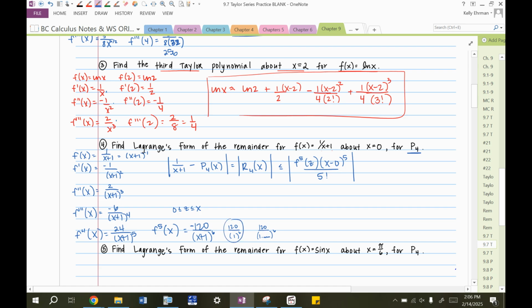So this is the max. Now, if x can be negative, then I think I'll get a different error for this, which is kind of strange. So I guess I would still have a 120 there. So I don't want to overthink this. I'm going to put a star on this one. I want to let x just be something positive, and then we'll think about that more in class, I think.